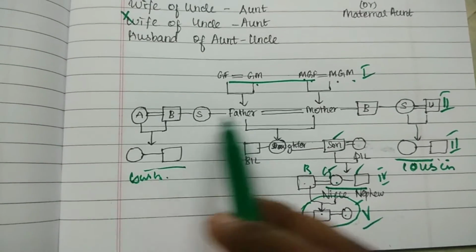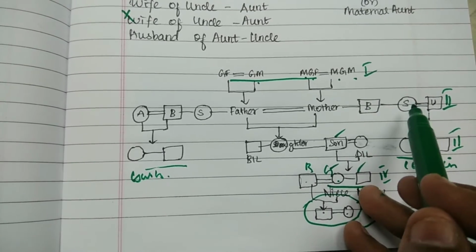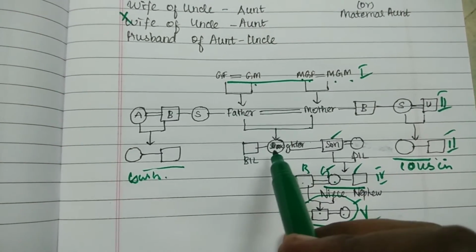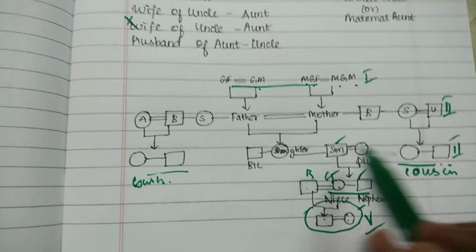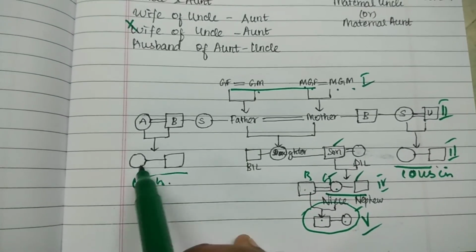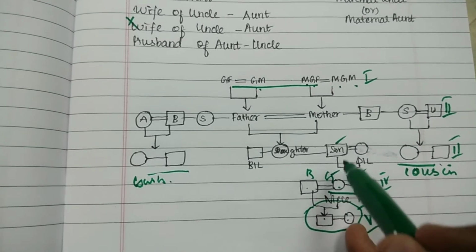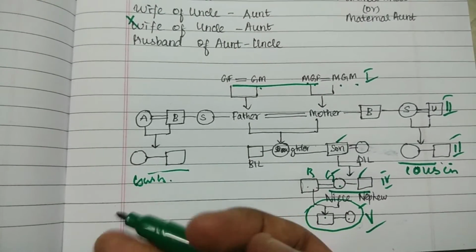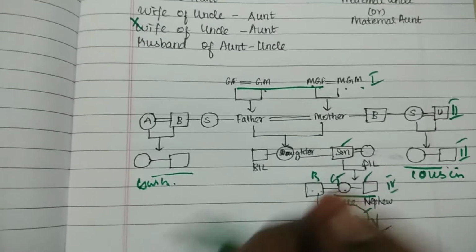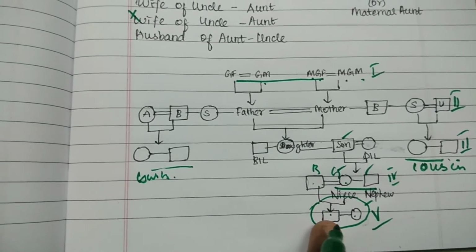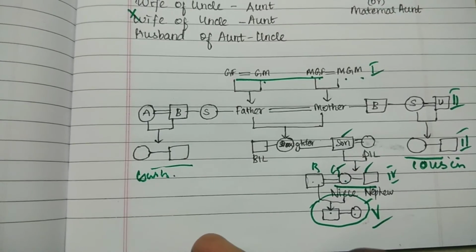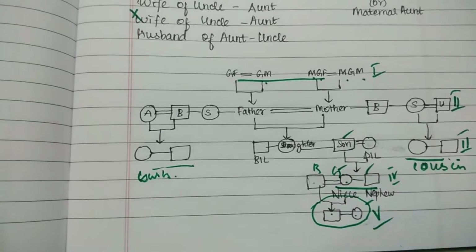In the second generation you have your mother, father, uncle, aunt, and all those. The third generation is your generation, where you have your own brother and your cousins. The fourth generation will be your son, your daughter, your niece, and nephew. All those people come under the fourth generation. The fifth generation will be your grandsons or granddaughters.